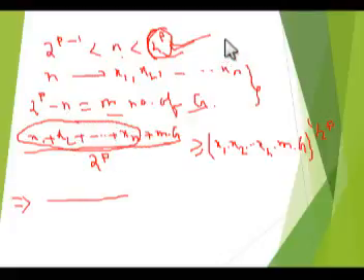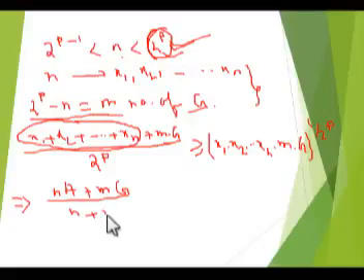I have written the relation that the sum divided by n is equal to the arithmetic mean a. So we can write this is equal to n a, and this is equal to m g, and 2 to the power p is equal to n plus m.